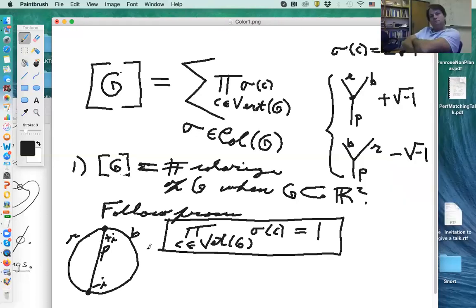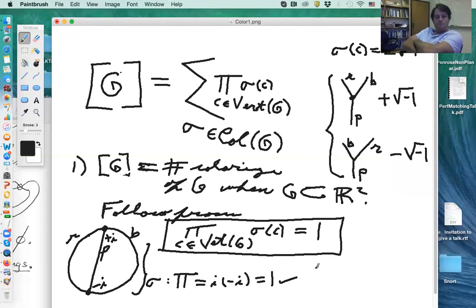And so for this coloring, sigma, we have that this product is equal to i times minus i, which is equal to 1. And if every one of these ends up being equal to 1, then we have the tautology that this is going to be equal to the number of colorings of the graph, right? So we need to check that this product is equal to 1.